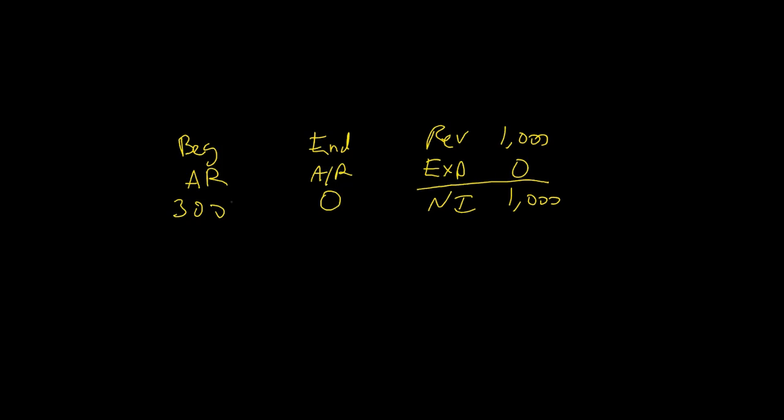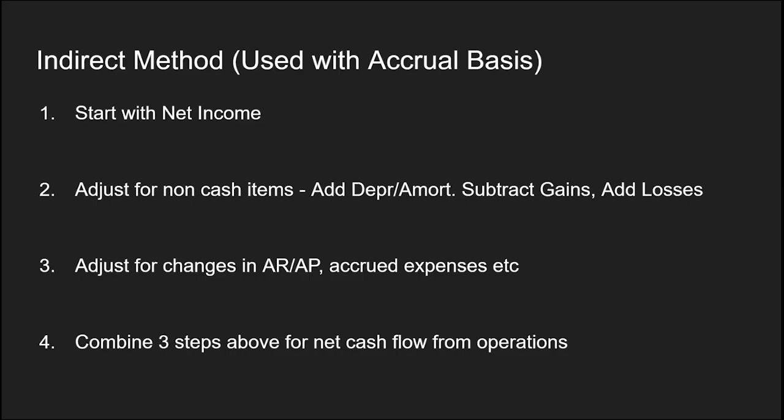And we also collected $300 from the prior period's revenue, right? If we have an ending balance of 0, we must have collected this $300. So in that case, we would add $300. Okay, so that's how we do AR adjustments.